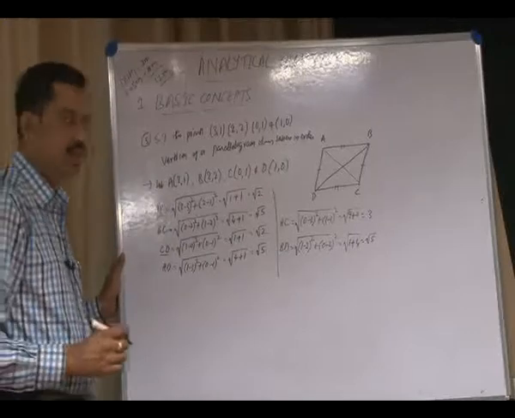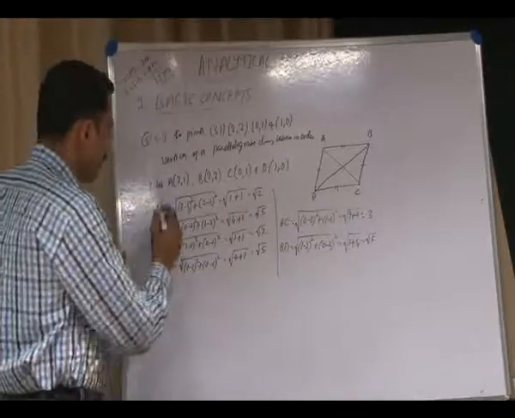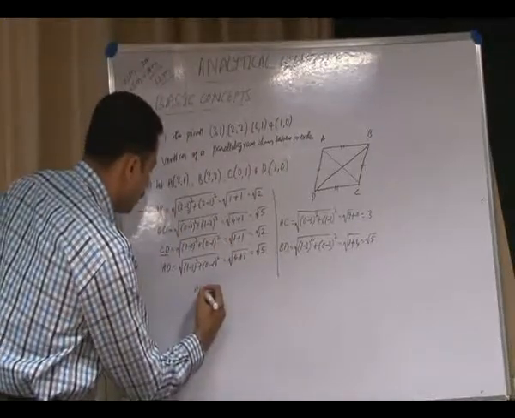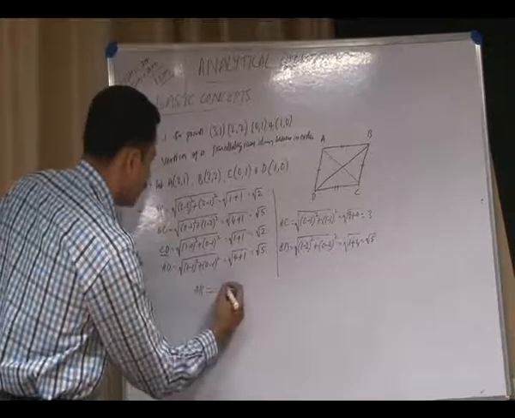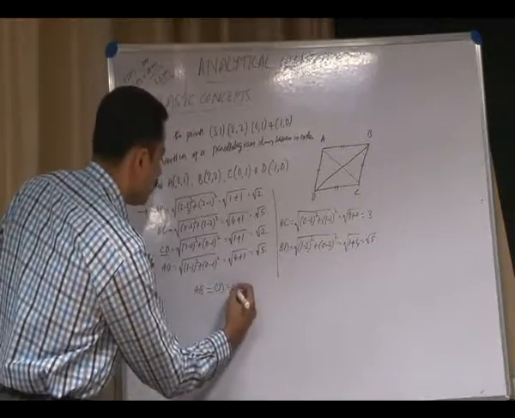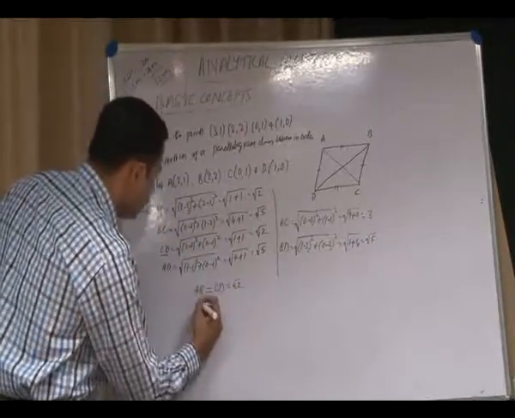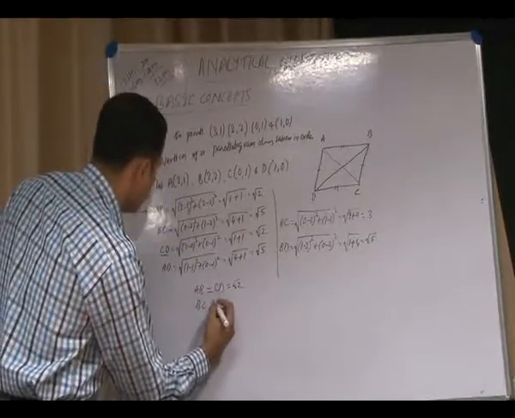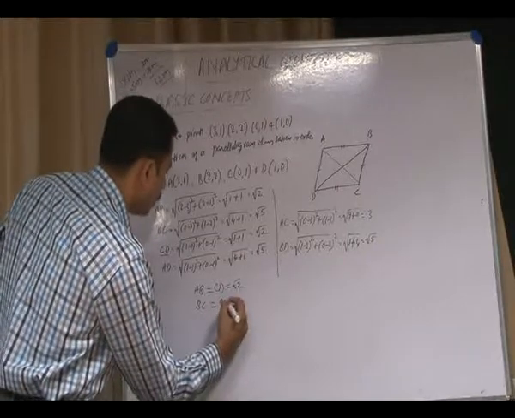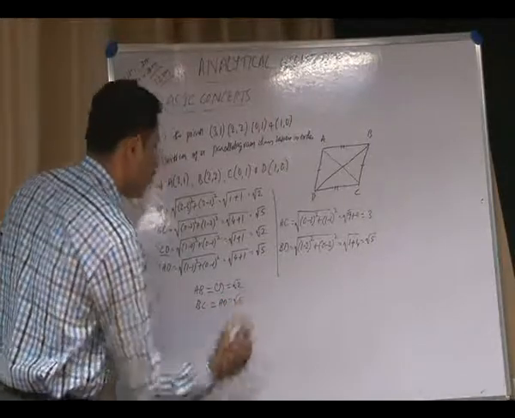So from observation it is clear that opposite sides AB is equal to CD, that is equal to square root of 2, and BC is equal to AD, that is equal to square root of 5.